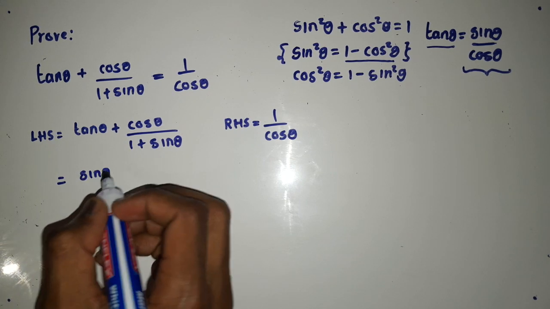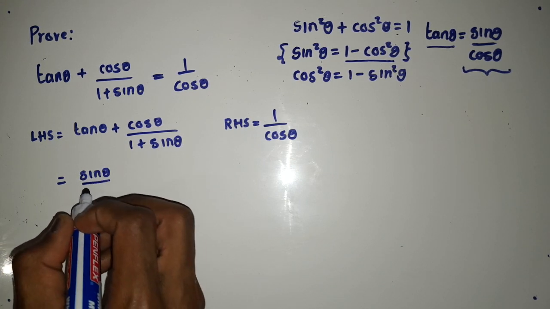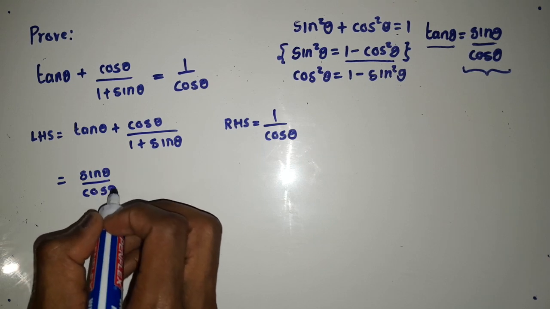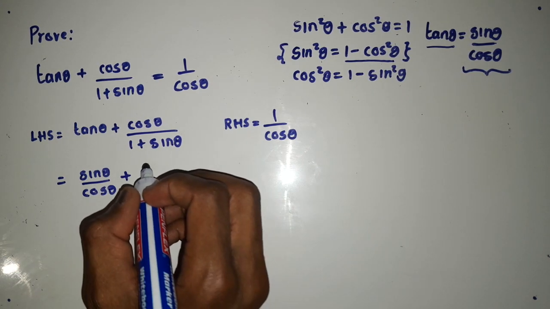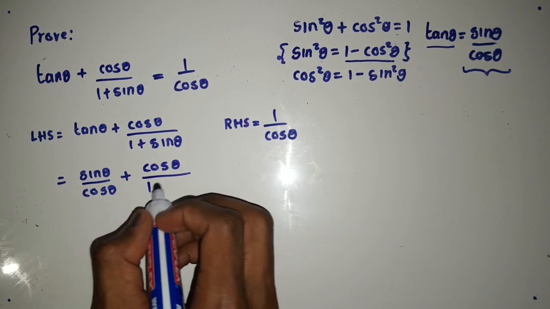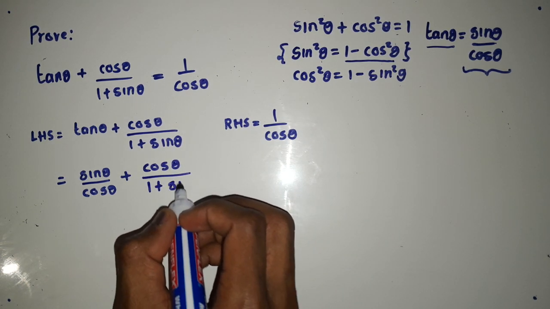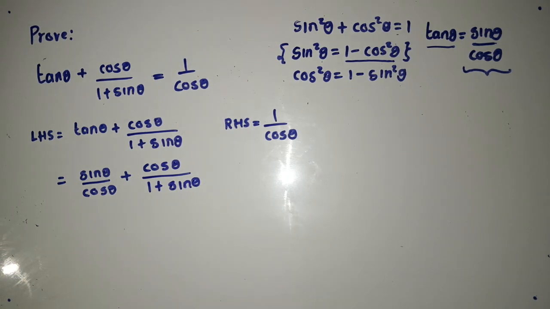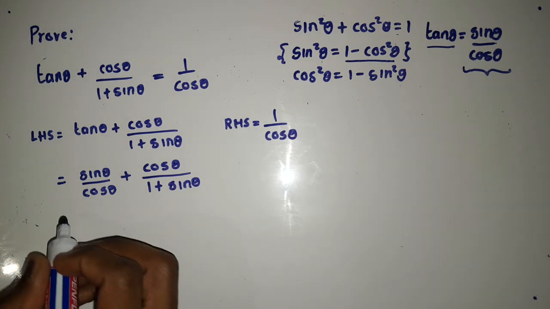Sine all over cos theta. Then we have plus cos theta. Then we divide by 1 plus sine theta like this. Now we have a fraction. You see? Now we have a fraction.